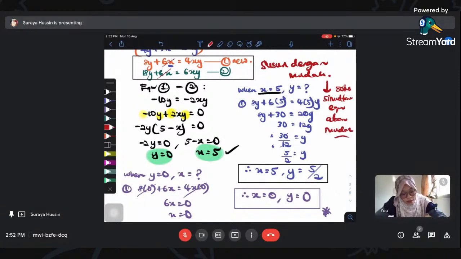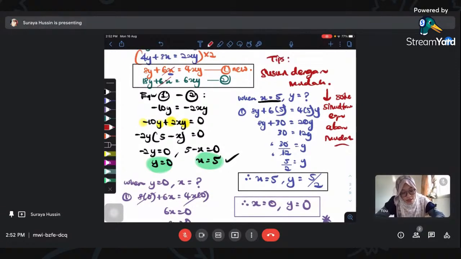So tipsnya hanyalah susun supaya nampak mudah. Itu je saya boleh ajar. Membantu ke tips ni? Susun supaya boleh nampak dengan mudah. Itu je tips saya boleh bagi.